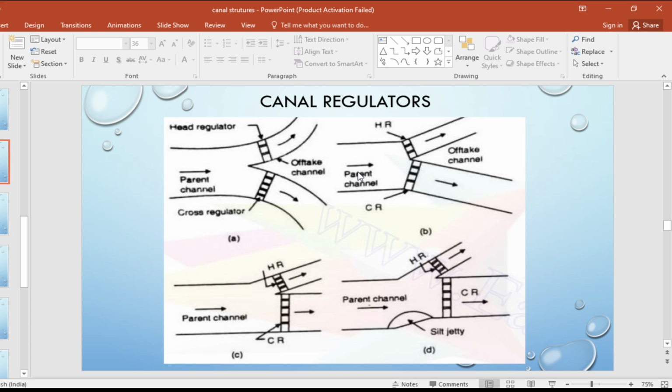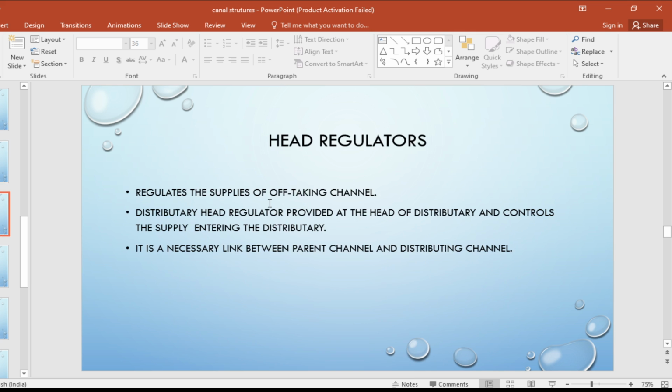Here you can see that the head regulator regulates the supply of the off-taking channel, and the cross regulator regulates the supply of the parent channel. The definition of head regulator is: a regulator which regulates the supply of the off-taking channel.